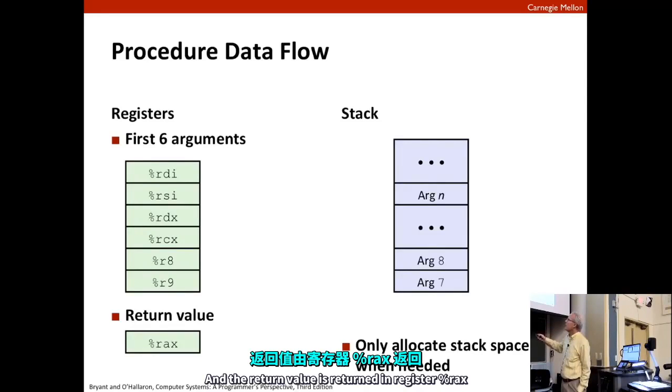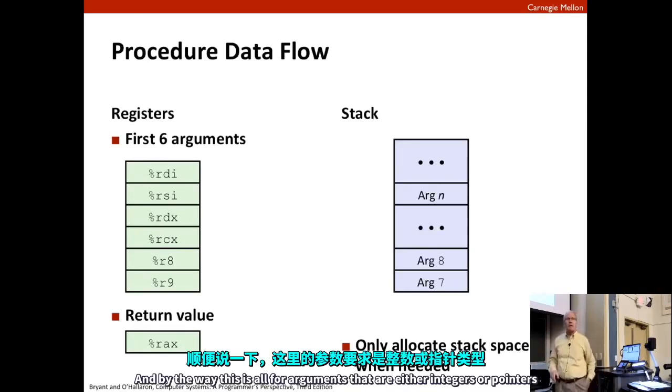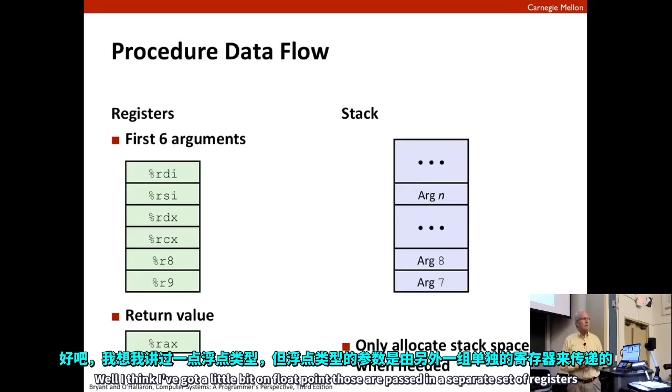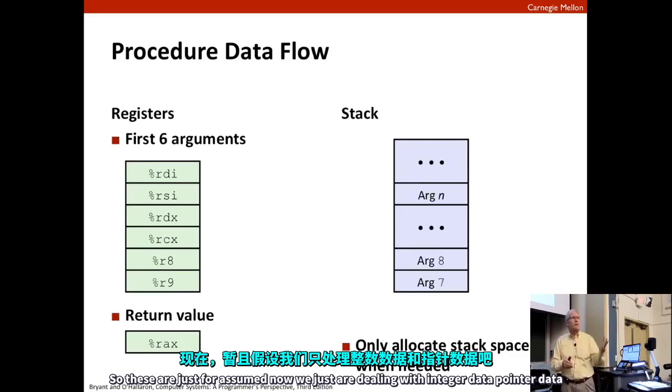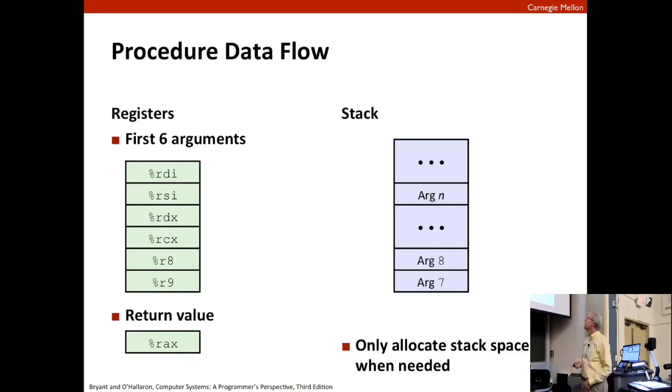The return value is returned in register RAX. And by the way, this is all for arguments that are either integers or pointers. I think I've got a little bit on floating point. Those are passed in a separate set of registers. So assume now we are just dealing with integer data, pointer data.